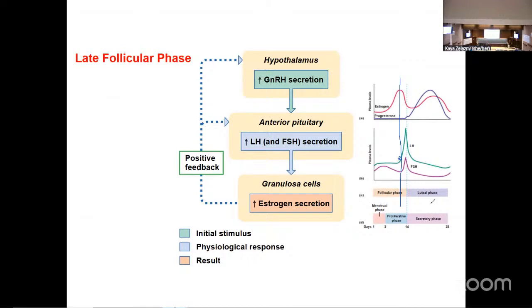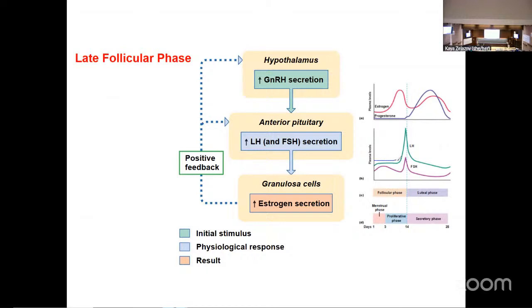So instead of suppressing the secretion of LH and FSH, now we're ramping it up. Every little bit of estrogen we see is increasing how much gonadotropin releasing hormone we see from the hypothalamus, and it's increasing how much LH and FSH we see coming from the anterior pituitary. So this is why we see this spike, right? So we were suppressing, right?